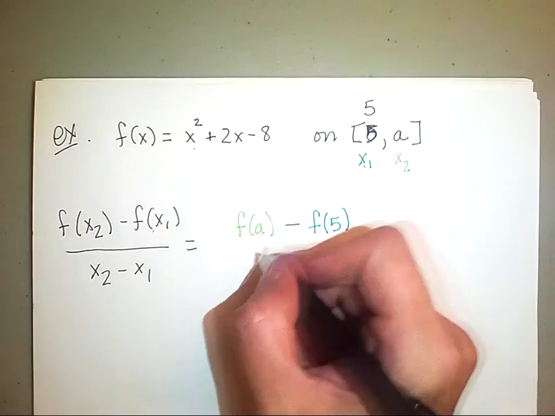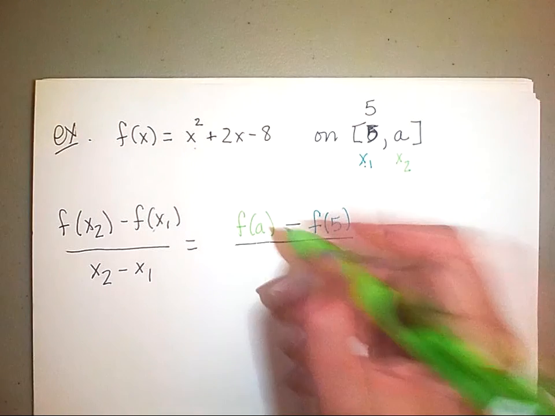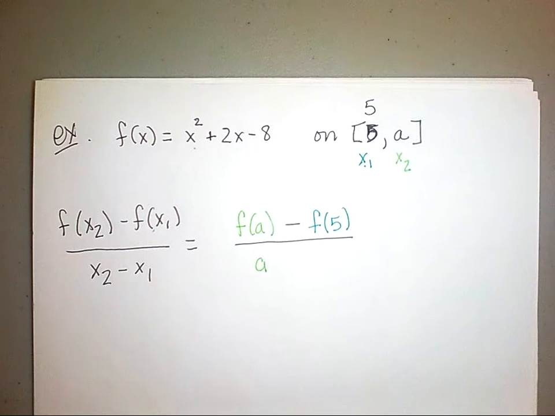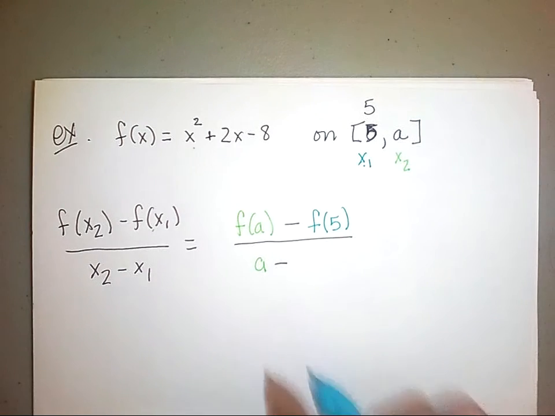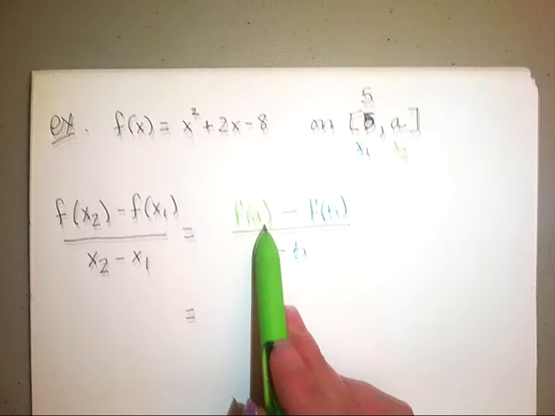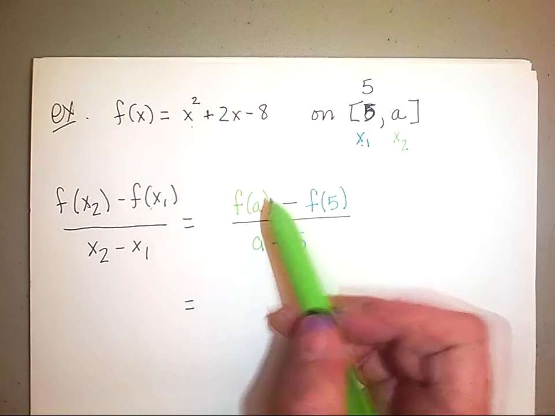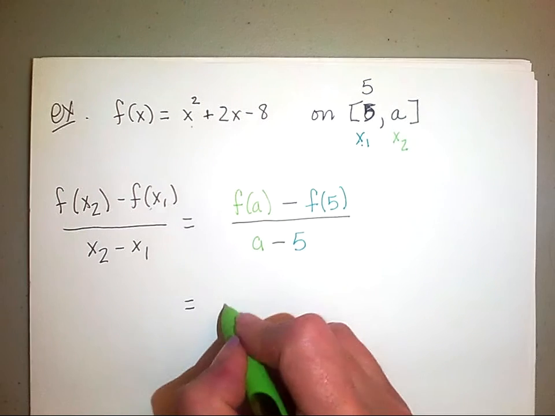So f of x2, I'm going to take the function and evaluate it at a. Then x1 is 5, so f of x1 is f of 5 over x2, which is a, minus x1, which is 5.